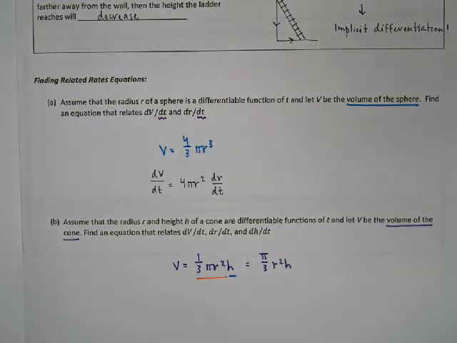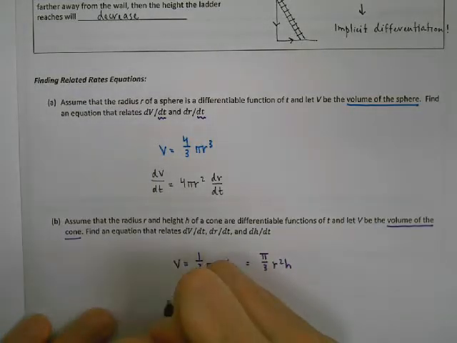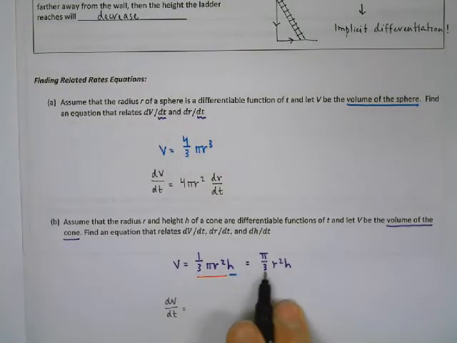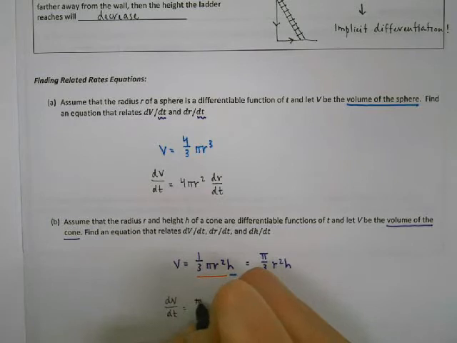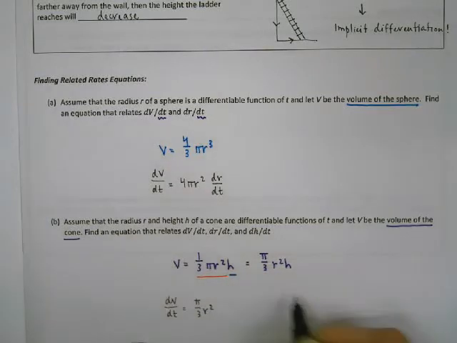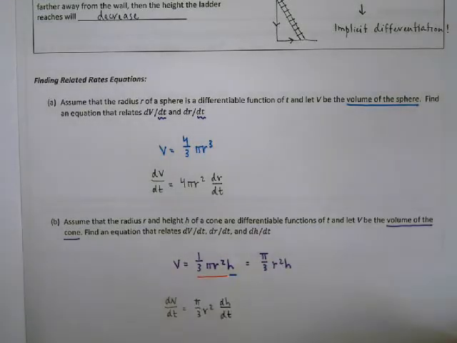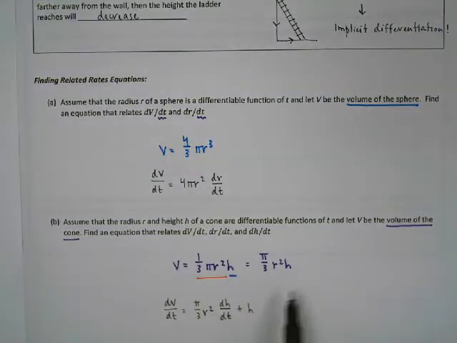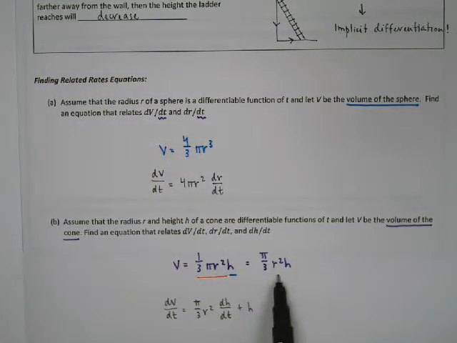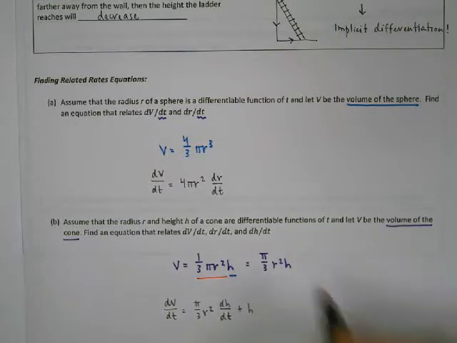Now I'm going to go ahead and differentiate. So my derivative of volume with respect to t, I'm going to do pi over 3 r squared times the derivative of h with respect to t, plus h times the derivative of pi over 3 r squared with respect to t.